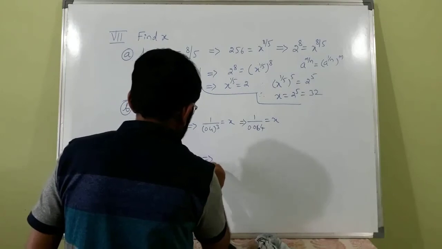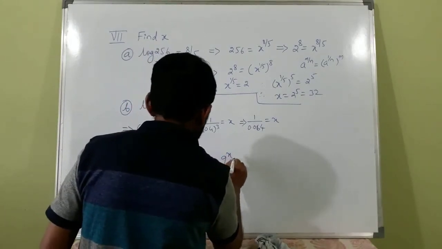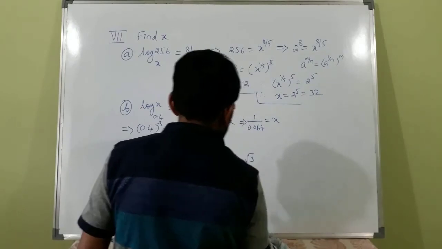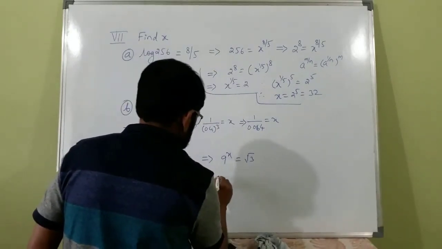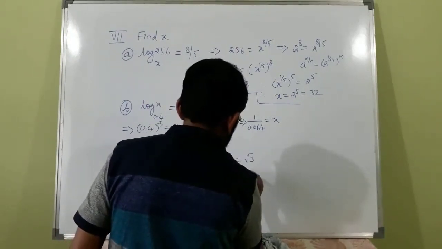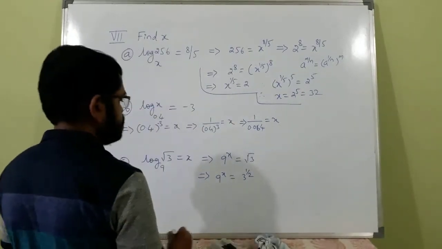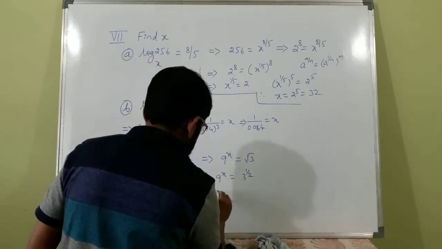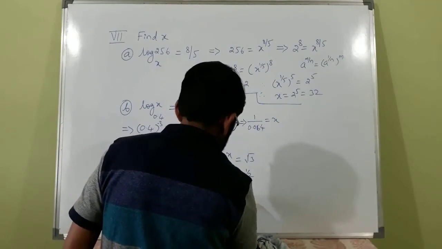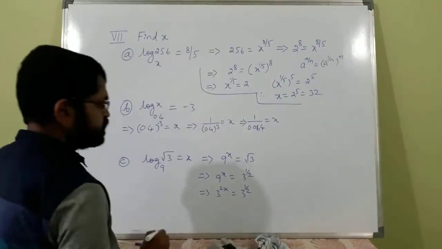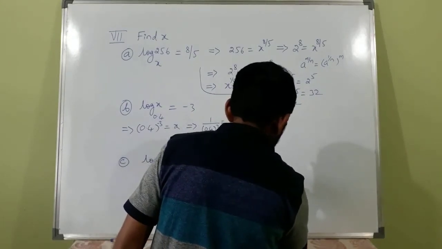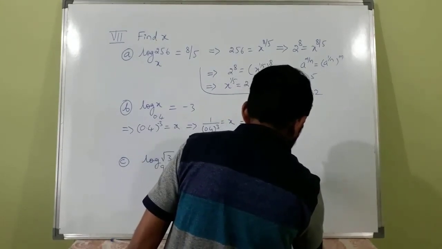Similarly, this one: 9 raised to x is equal to root 3, or 9 raised to x is equal to 3 raised to half. That is 3 raised to 2x is equal to 3 raised to half, because 9 can be written as 3 squared raised to x.